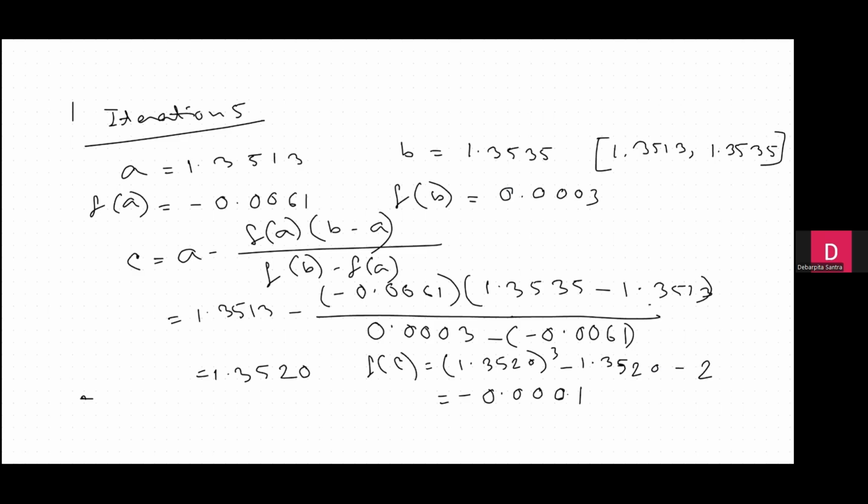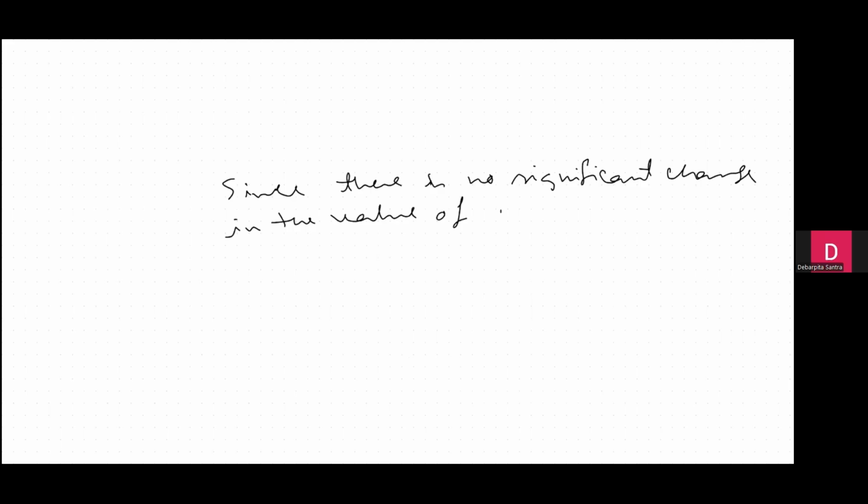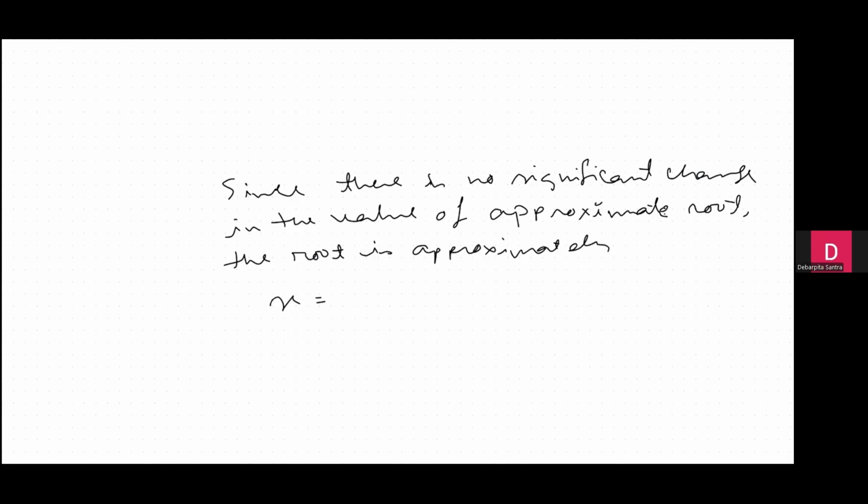We can say that since there is no significant change in the value of the approximate root, and whatever we are finding in numerical analysis is an approximation, the final answer using the Regula Falsi method is that the root is approximately x equals 1.3520.